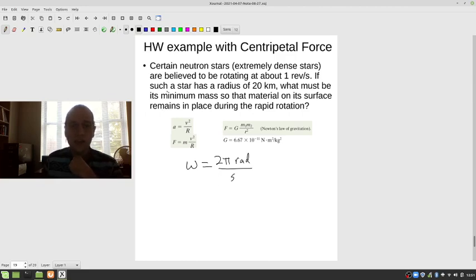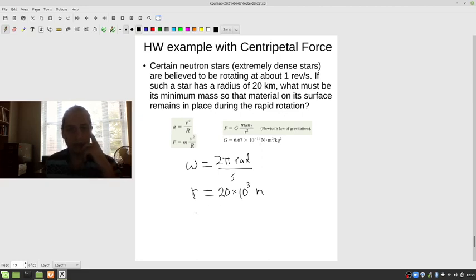And it says, if such a star has a radius of 20 kilometers, okay, so r would be 20 times 10 to the third meters. What must its minimum mass be so that the material on its surface remains in place during the rapid rotation? Okay, so what must its minimum mass be?